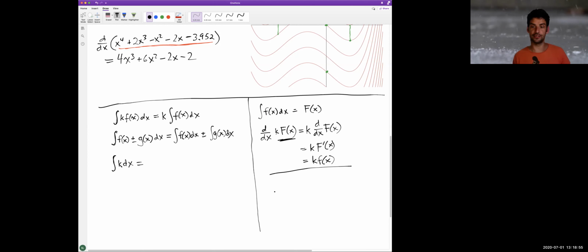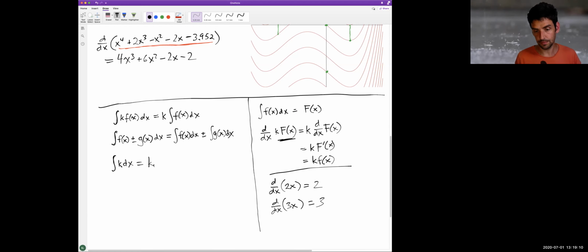For instance, if I take the derivative of 2x, I get 2. I get a constant. If I take the derivative of 3x, I get 3. In other words, the constant times x is an antiderivative of that constant, because if I take a derivative of what's on the right, I get the function k, the constant function.